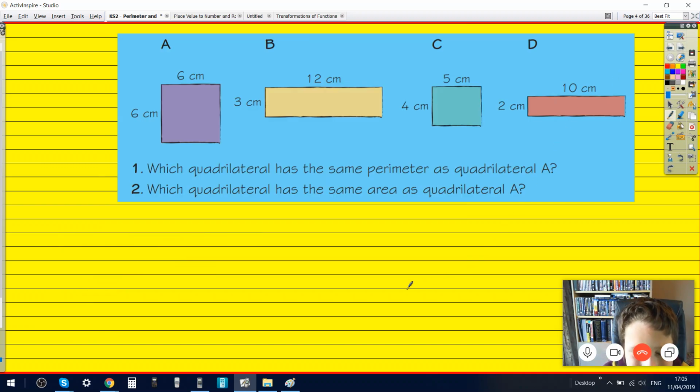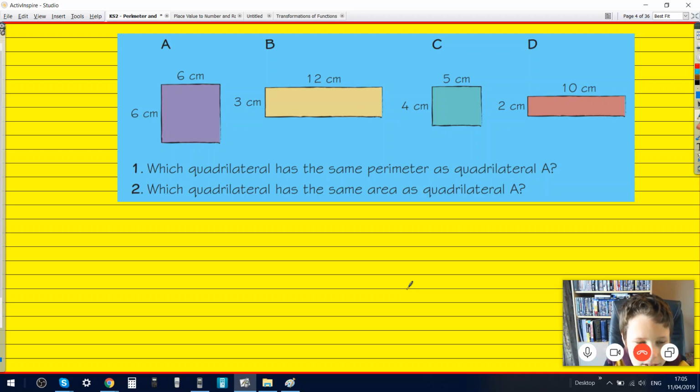Let's see. Okay, let's try these two. For square A, the perimeter would be 6 plus 6 plus 6 plus 6.